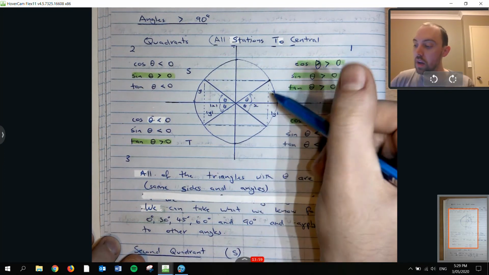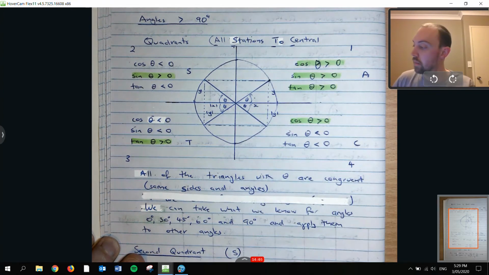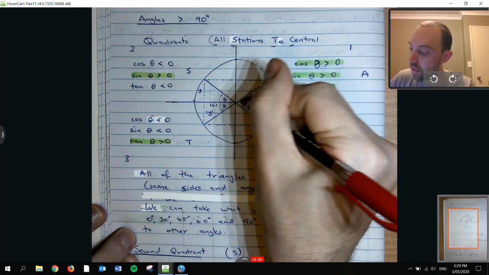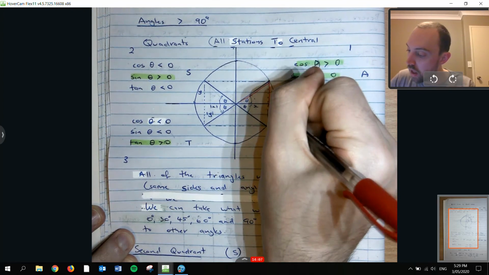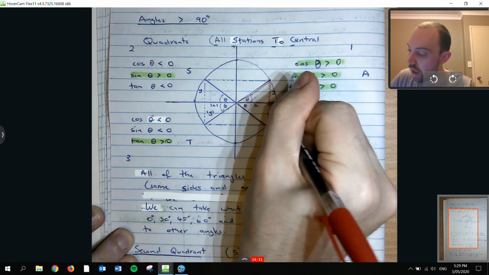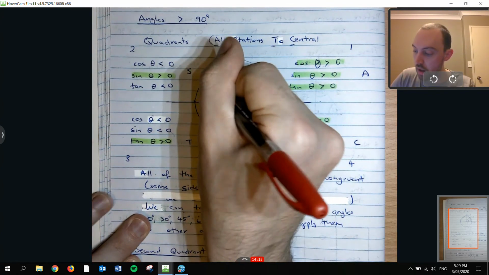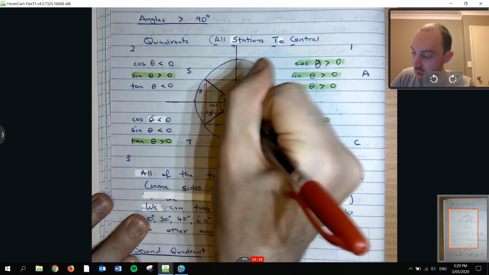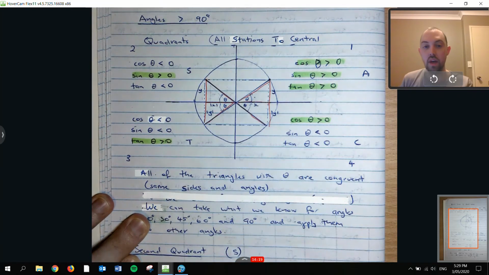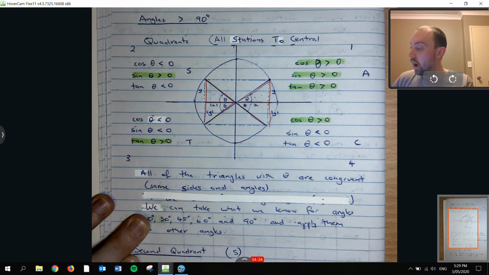These triangles that you see, those ones there, and those ones there, 4 different triangles, are all congruent.